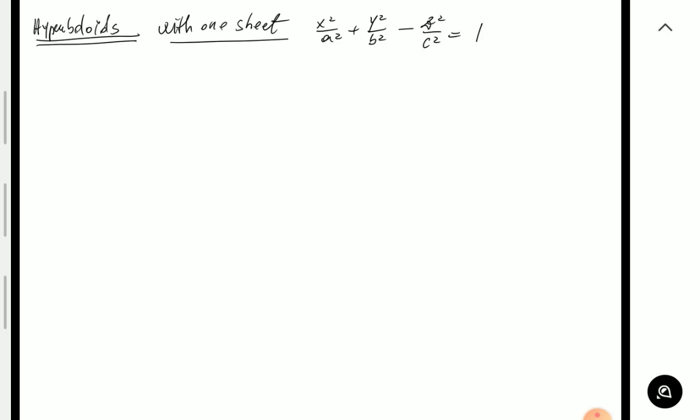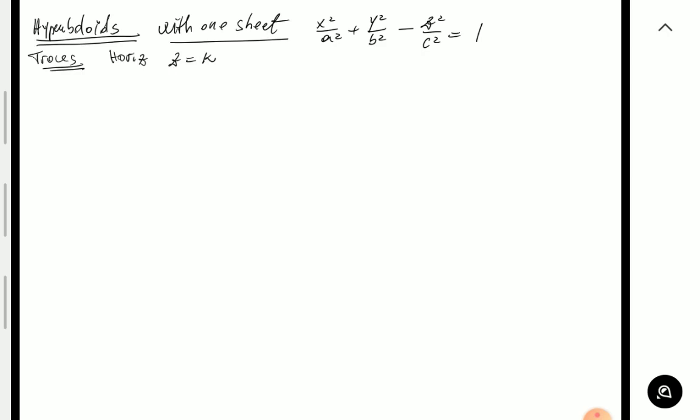So the way you sketch it, again, let's talk about the traces first, and then we're going to talk about how we sketch it. Horizontal trace, again, that means intersection with a horizontal plane. Let's say z equals k.